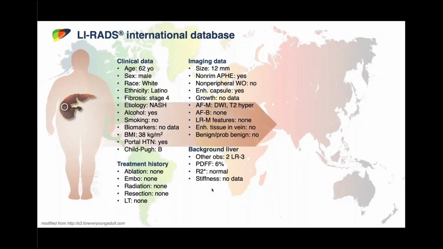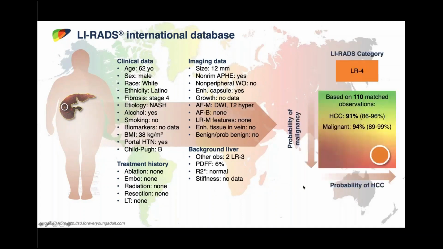And then, based on a registry that we have across the world, the registry will tell me that based on 110 observations around the world that look like this observation, the probability of HCC is 91%, and the probability of malignancy is 94%. Now, initially in this international registry, we only have 110 matched observations, and so there's a confidence interval around these estimates.